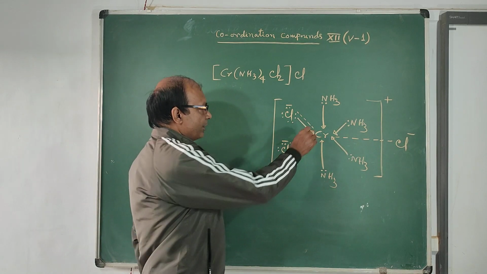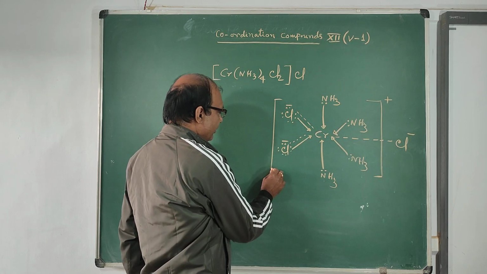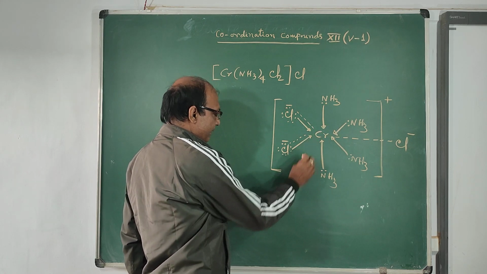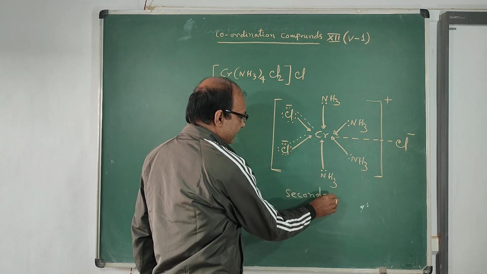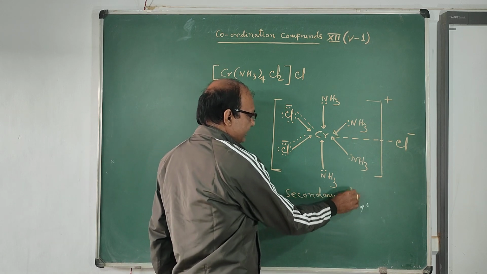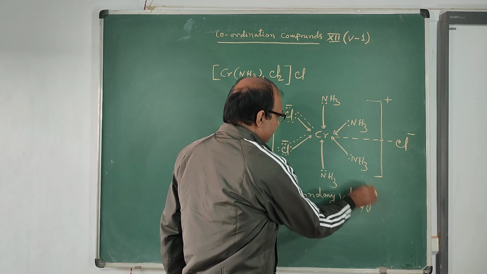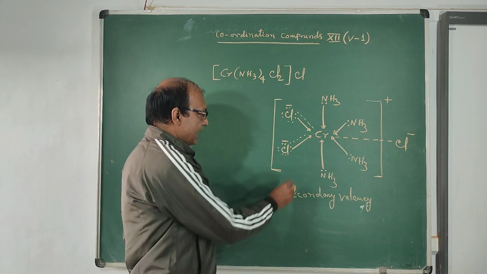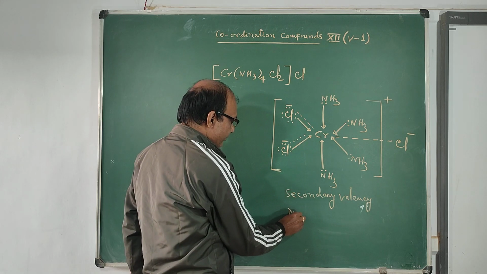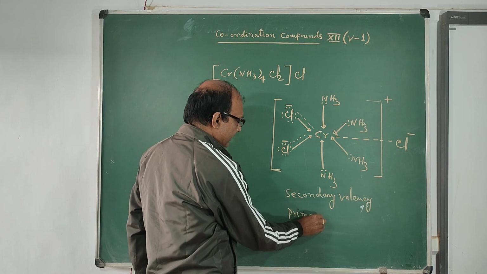The number of coordinate bonds of the chromium central metal is known as the secondary valency. And the ionic bonding with the central metal chromium is known as primary valency.